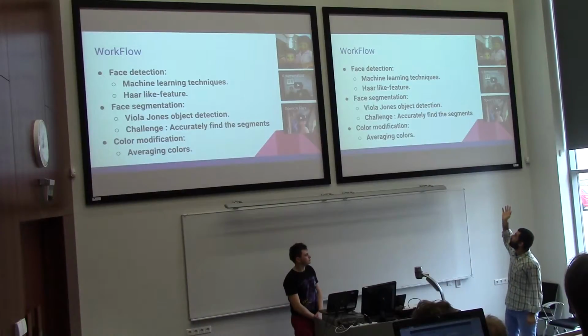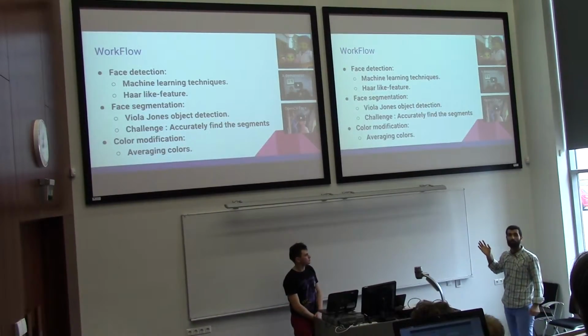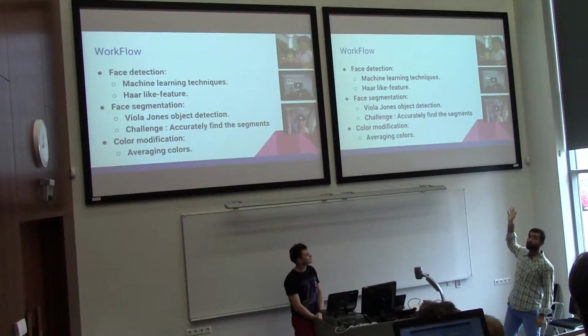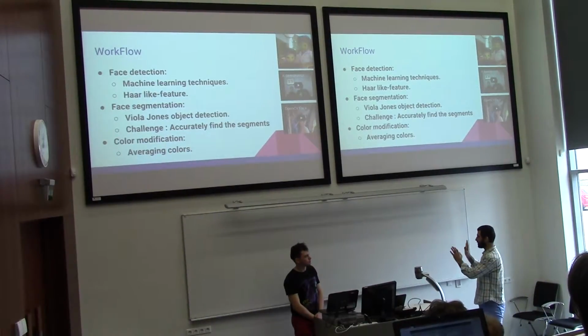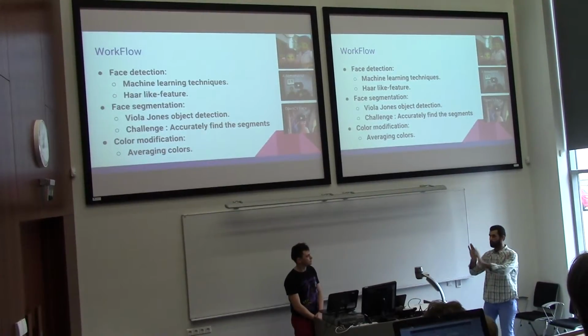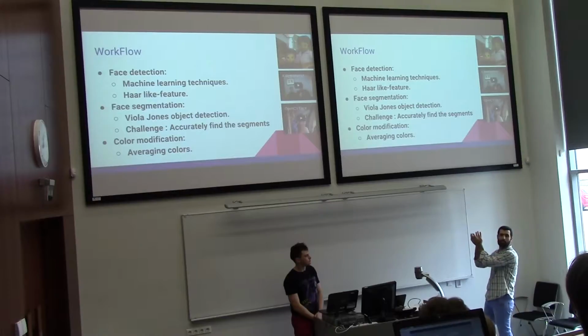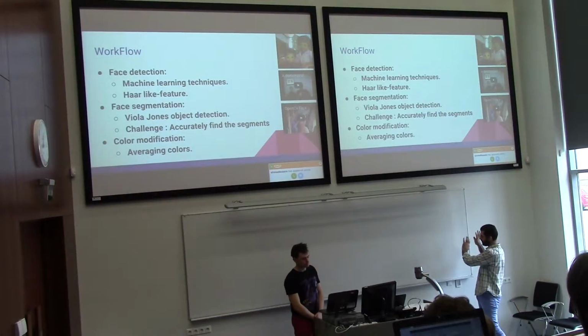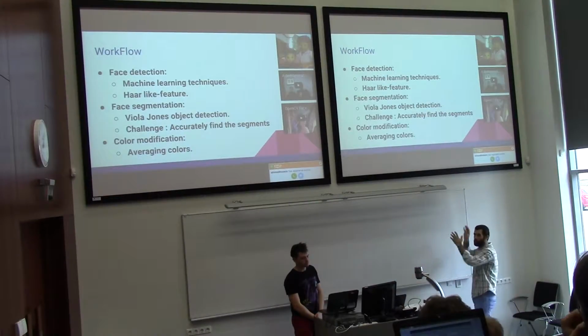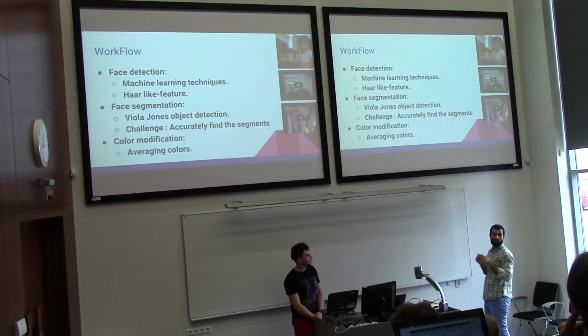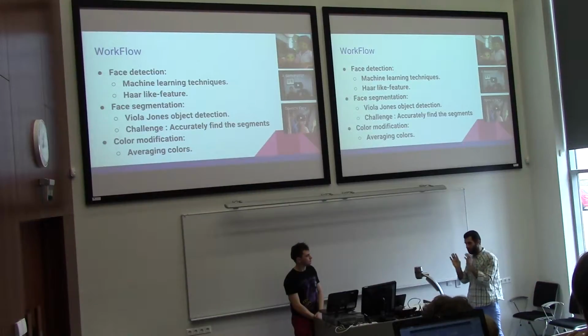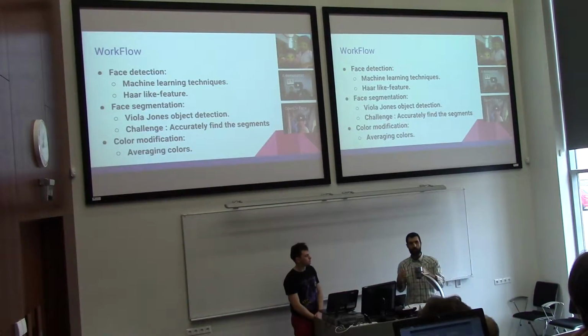And the other way, when we were researching, we found that most people use Haar-like features, which means defining a window, and then they have features, for example the nose will be 2 black and 1 white rectangle in the middle, and they try to fit this model to the window. The window moves over the picture until they find the required features, for example the eyes, mouth, nose, stuff like that.